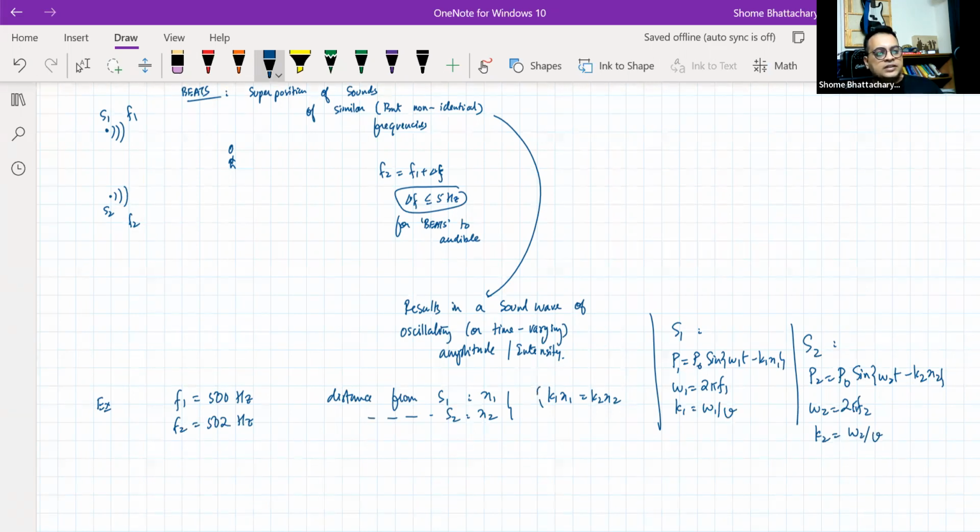Okay, so suppose we take this situation, just for argument's sake. Of course they need not be equal, but just to make the mathematical derivation a little easier here.